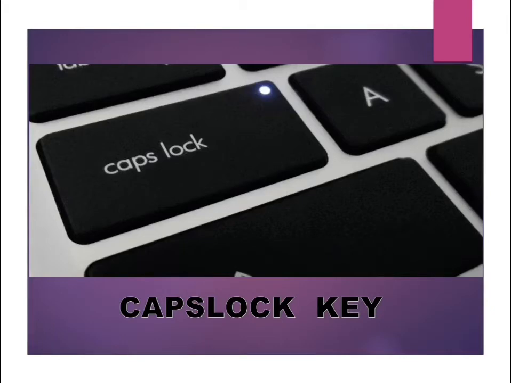So as I mentioned in alphabet keys, the same set of 26 keys can be used for typing in both capital as well as small. So this caps lock toggle key acts as a switch for turning on and off capital letters.